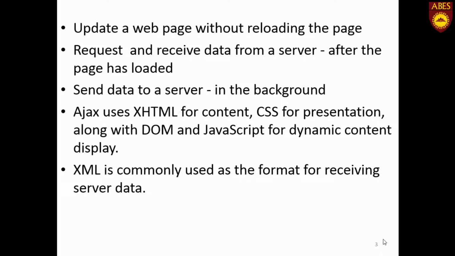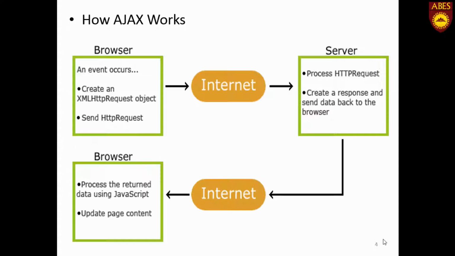AJAX uses XHTML for content, CSS for presentation, along with the DOM, the Document Object Model, and JavaScript for dynamic content display. XML is commonly used as the format for receiving the server data. That is the general format to receive the data.